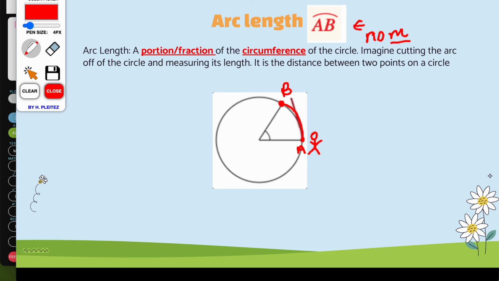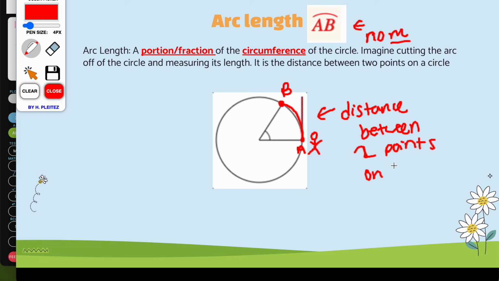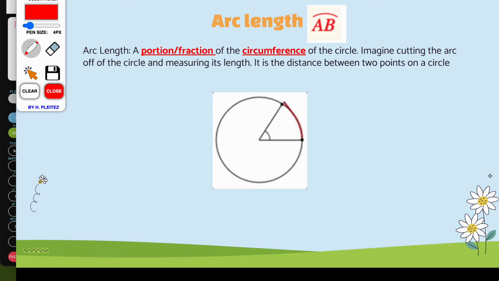Arc length is measuring the distance between those 2 points on the circle. Now, this GIF does a pretty good job of showing a representation of that, right? It's literally, think about physically taking scissors and cutting that portion of the circumference out and straightening it so that you can measure that length, right?